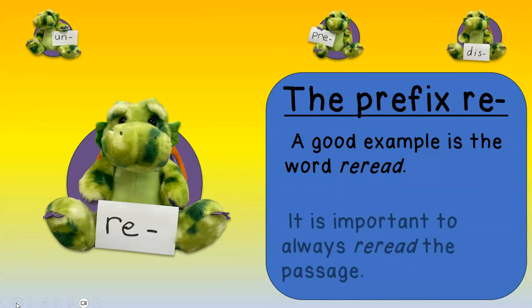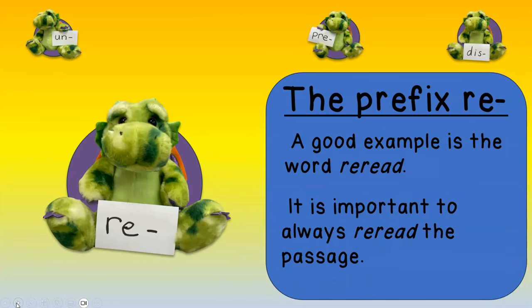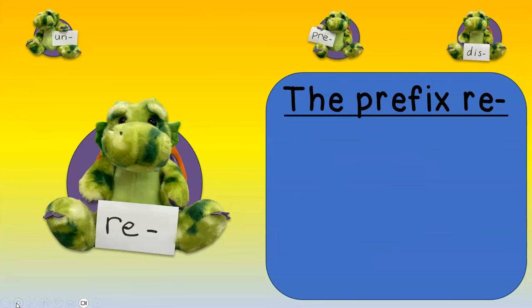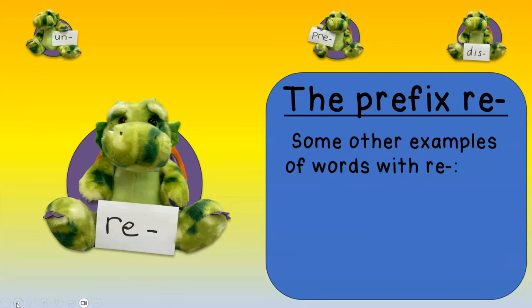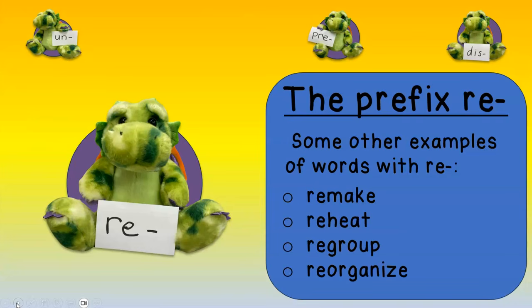It is important to always reread the passage. And some other examples of words with the re prefix are remake, reheat, regroup, or reorganize. And that's the prefix re, which means to do things again.